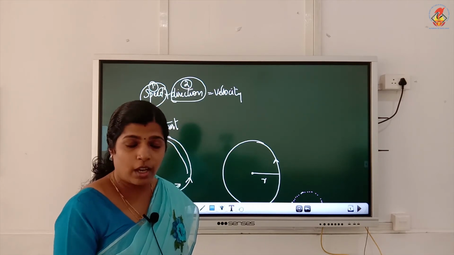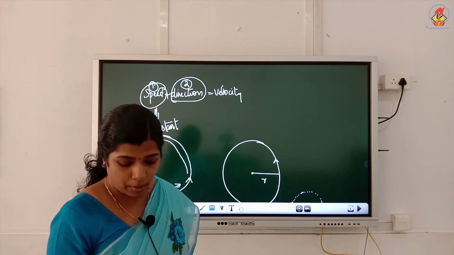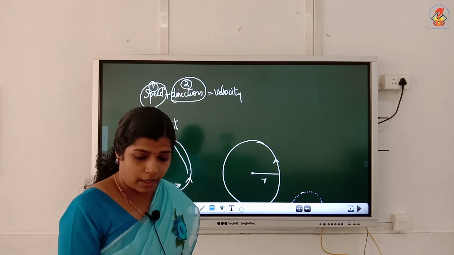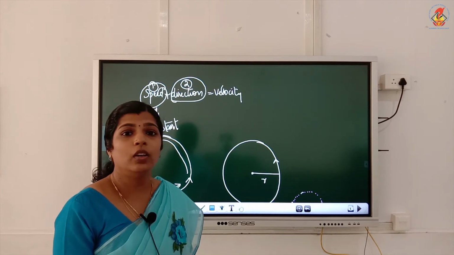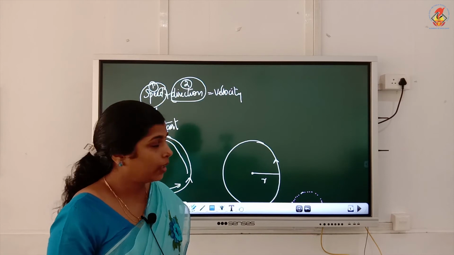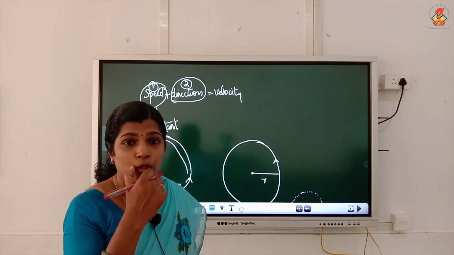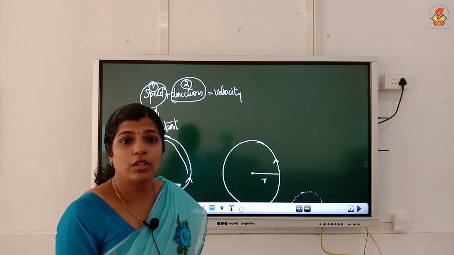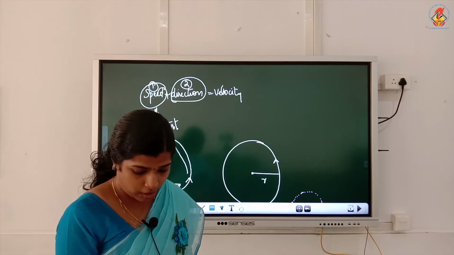That means the velocity of the object is changing, because a change in the direction of motion means the velocity of the object is changing.